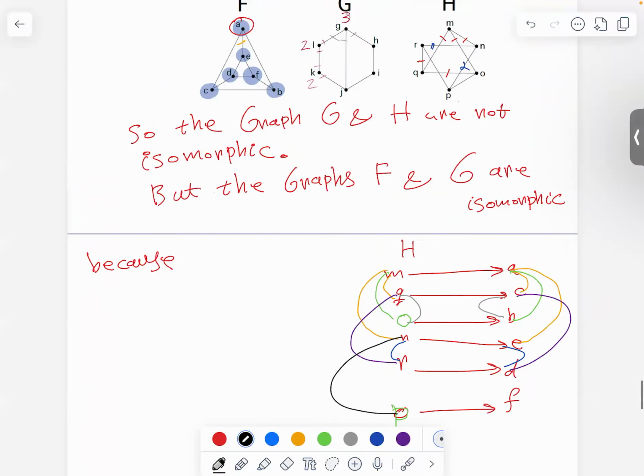Okay, what's the other possibility? I just need to check two of them. So let's do this guy, P, O. I want to see if there is an edge between B and F. Yes, there is an edge between B and F.